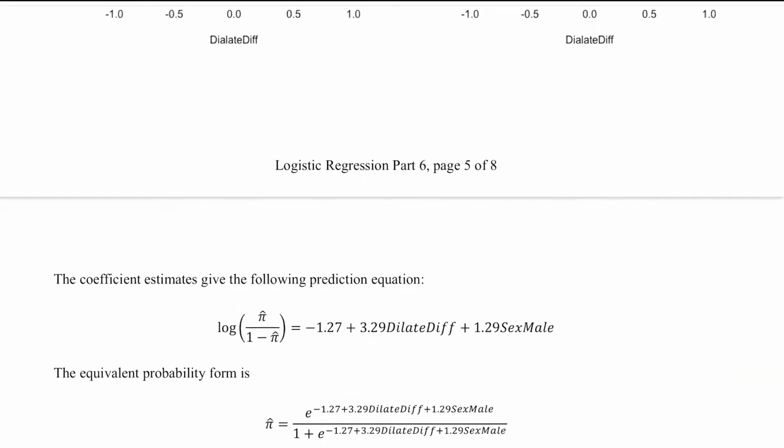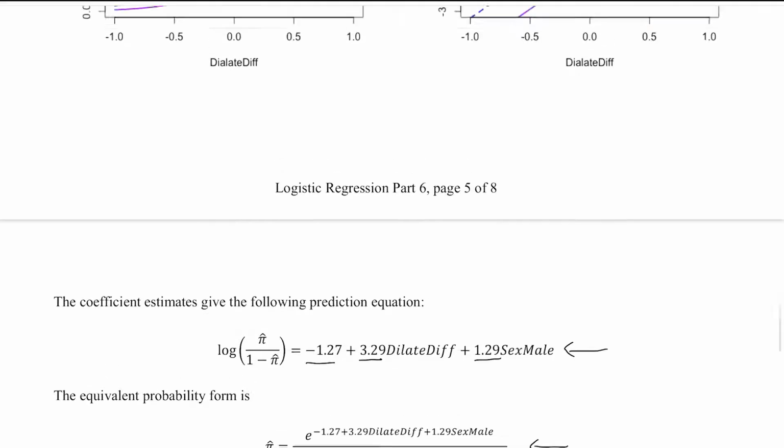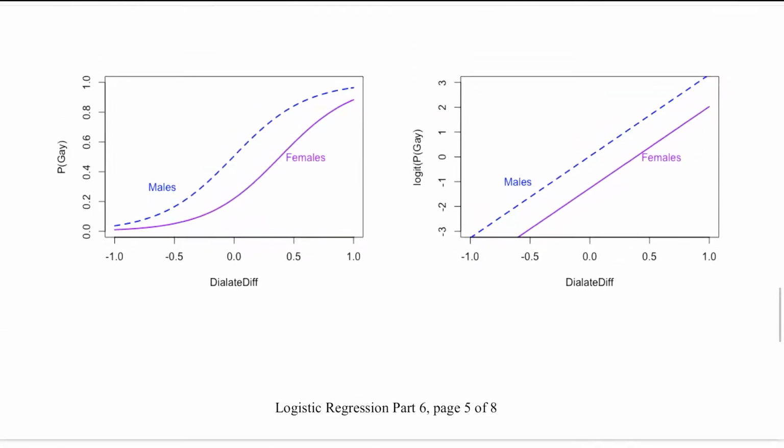Okay, so then we can create a model that has both dilate difference and the sex predictor in it. We're going to come back to the deviances in another video, but the model equation is at the top of page 6 here. And again, we can convert that to probability form.